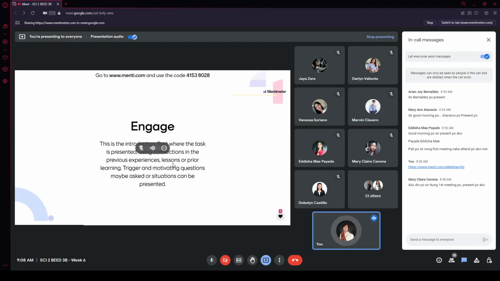Okay, so for engage, right, this is in the introductory part. When it comes to what sort of activity you should choose, since we're dealing with elementary, usually it's something more highly bodily active, right? Somewhere where they could use their hands, or they would have to move, right? And not simple questions.